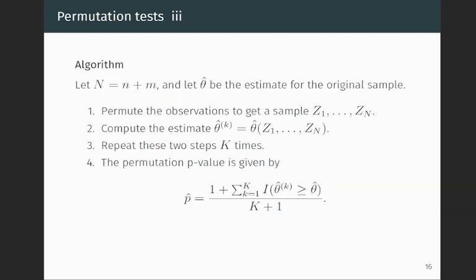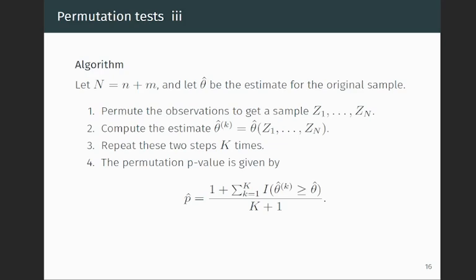And so here's the algorithm. Let capital N be the sum of the two sample sizes, and let theta hat be the estimate from the original sample. So maybe that's the difference in means. First, we're going to permute the observations, x1 to xn and y1 to ym, to get a sample.